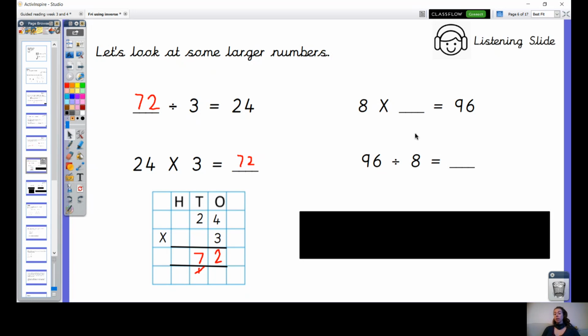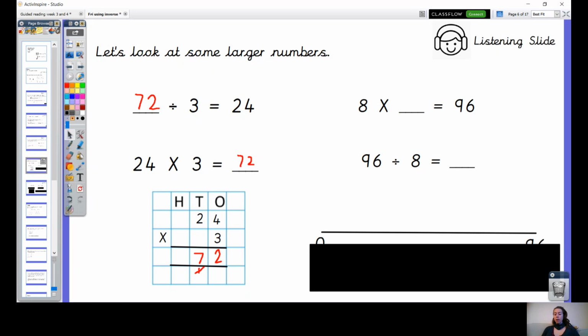So 96, because that's the biggest number, goes at the beginning with our division, divided by 8 is something. Now I've got to think, what's the best way of calculating this problem? What have we learned about in the last couple of weeks that's going to help me? If you get stuck on this sort of thing, you could flick back through your maths book, couldn't you, and find where you've done these sort of questions and remember the method that helped you the most.